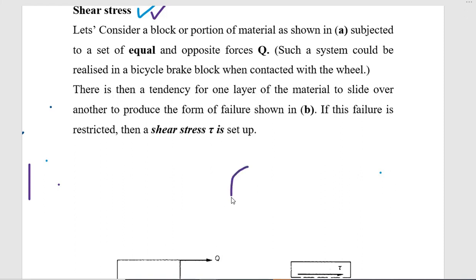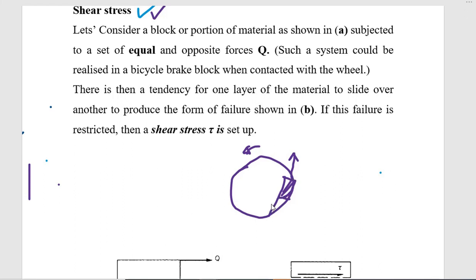If this is a wheel, for example, and it is rotating in this direction, then there is a tangential force on the wheel. If this is the brake block, if you apply brakes and the wheel is rotating in this way, this is going to set up a force. A force is going to be built up on the block and it is going to oppose the motion of the wheel.